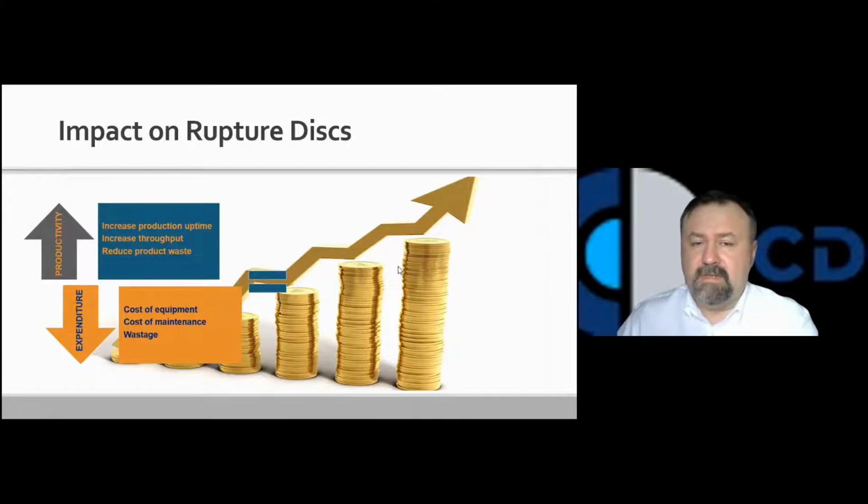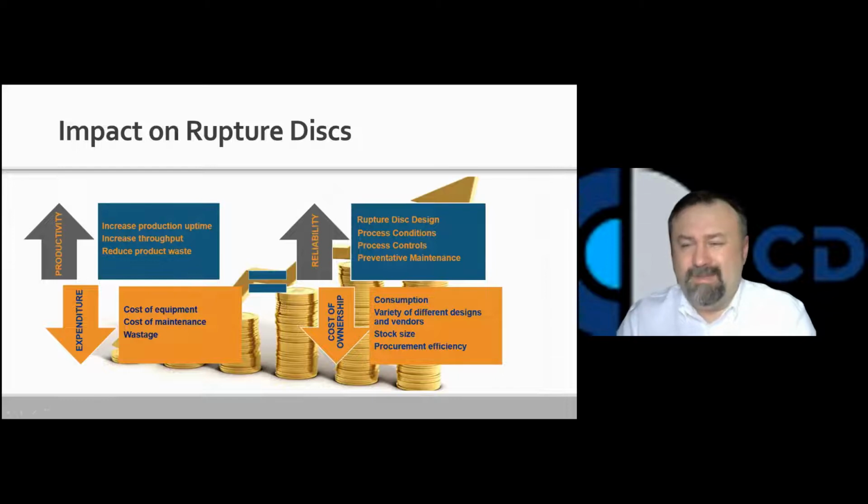So, if we translate this philosophy into the rupture disc, what does productivity mean in terms of rupture discs? How do rupture discs have an impact on all that we're trying to do with increase of uptime, throughput, and reduction of waste? Naturally, reliability has a direct correlation to productivity.